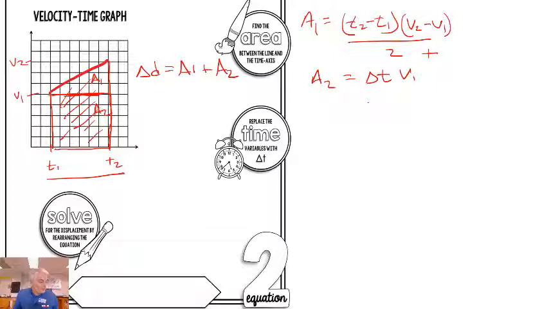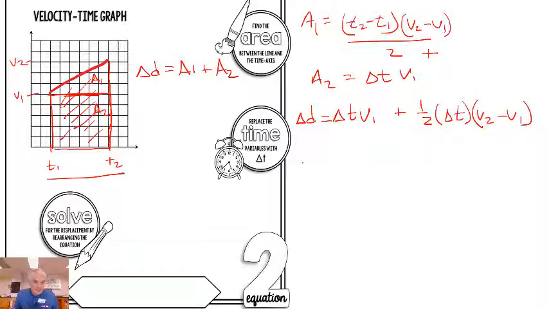And what we end up with is, we can say the delta d, that's the A1 plus the A2, is equal to delta t times v1, right? That's what we got here, plus 1/2 times delta t times v2 minus v1. Make sense? But we can rearrange this, and we usually do it this way.